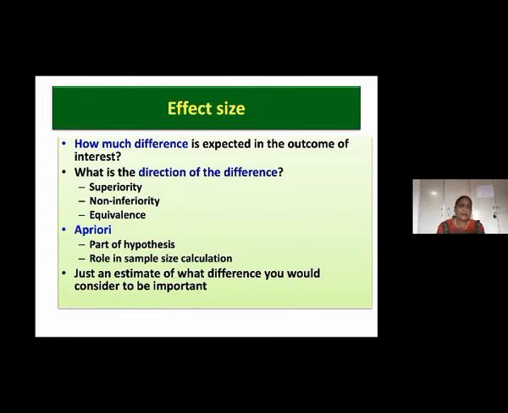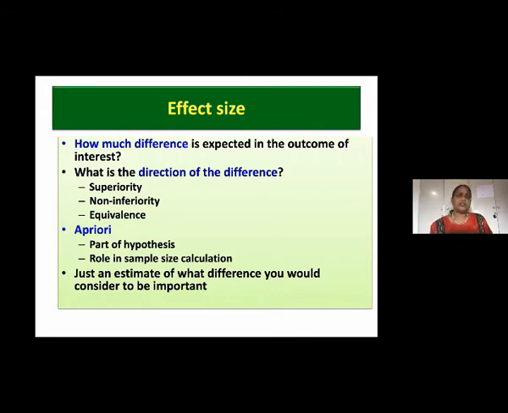So a priori, I decided only if it is 10 mm, I will consider the study to be successful. If it is 2 mm, 4 mm, I will not consider the study to be successful. So effect size, how much it is, you have to decide beforehand as a clinician. It can be just a good clinical judgment of what will make you change your practice.